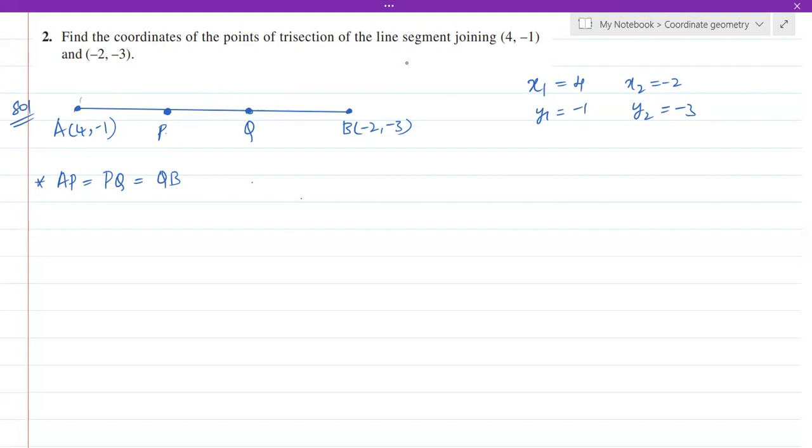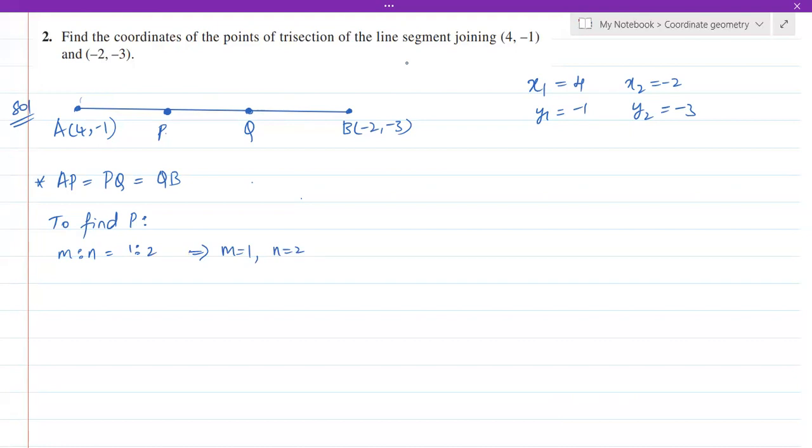Therefore, P is dividing the line segment in the ratio 1:2. So to find P, m:n is equal to 1:2, which implies m value is 1 and n value is 2.